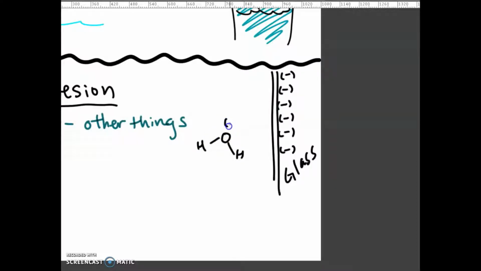Because water itself has positive and negative charges. As a general rule, positives and negatives attract. Your positives are going to attract to the negatives on the glass. Or if the glass was positive, then the negative here would be attracted to the positive. Opposites attract. Pluses are going to find the minuses and be attracted to each other.